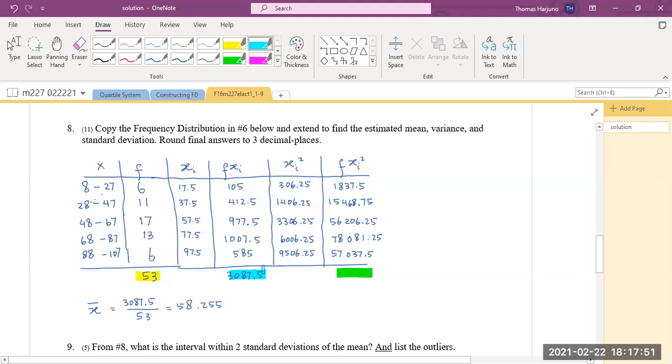Now I hope you remember this far from our Wednesday class. Now I will add the last column: 1837.5 plus 15,468.75 plus 56,206.25 plus 78,081.25 plus 57,037.5.